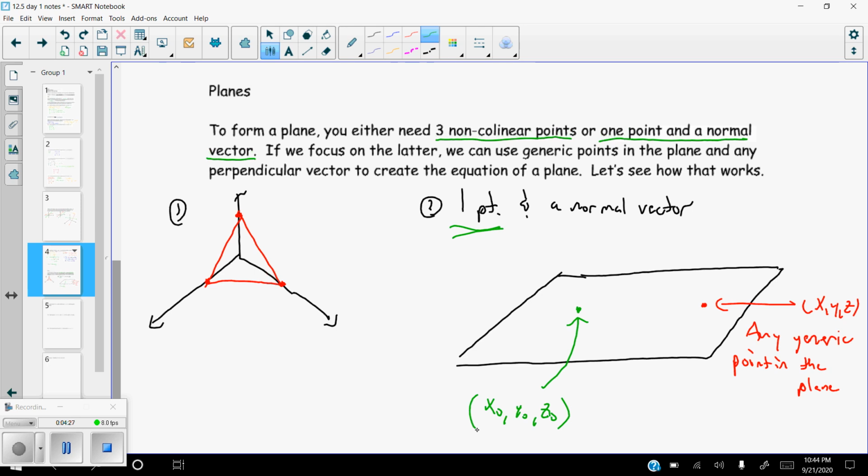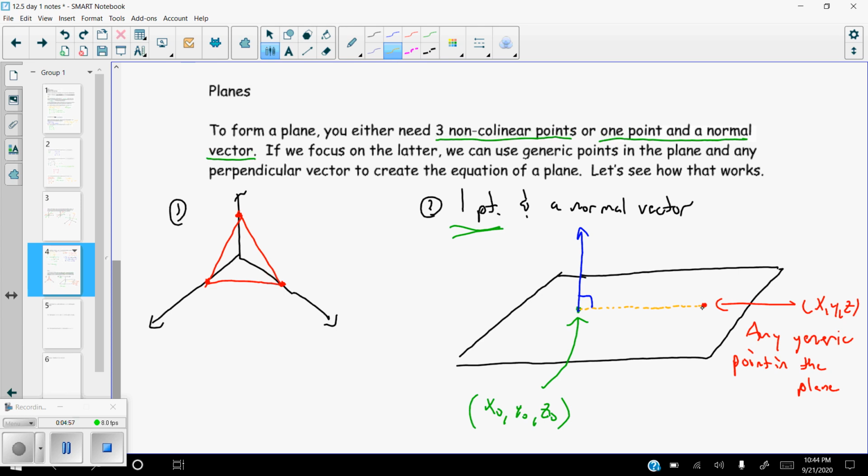We said that we needed a normal vector. The normal vector would be perpendicular, because it's normal, to the plane. What I have is some kind of a distance, in orange, from 1 point to any other point in the plane.